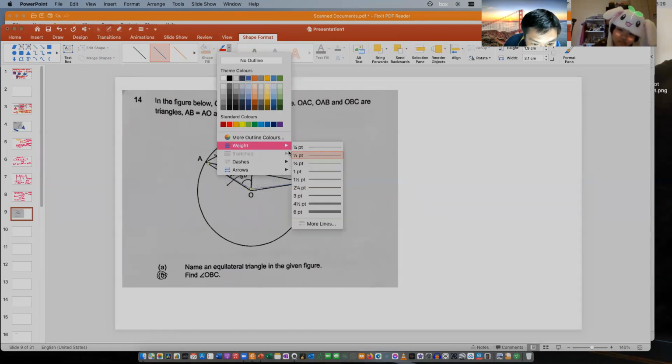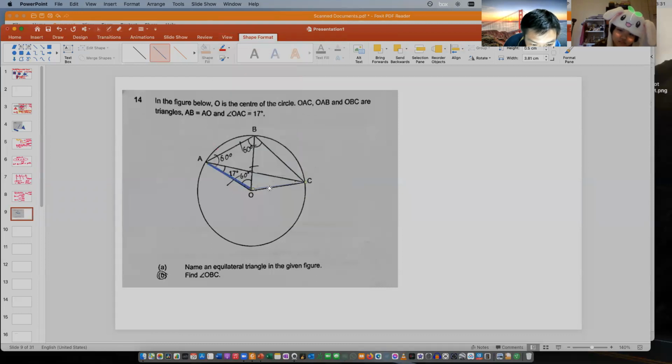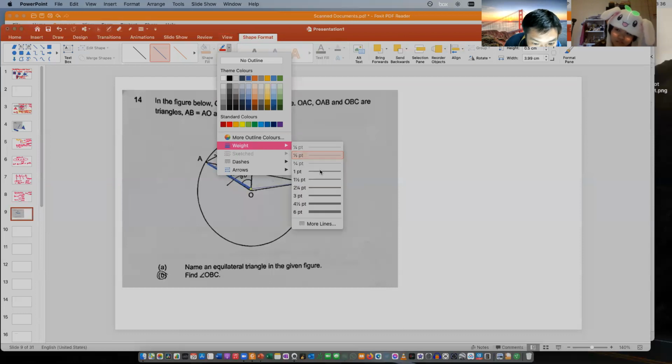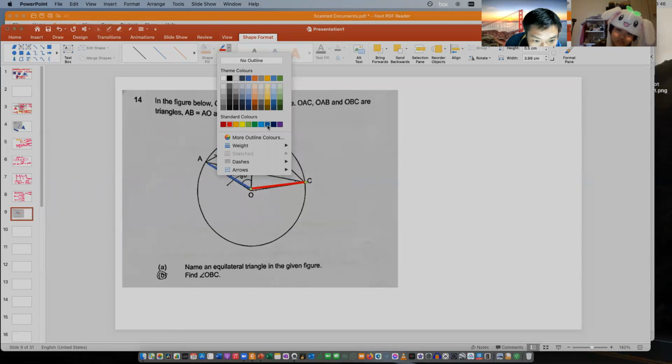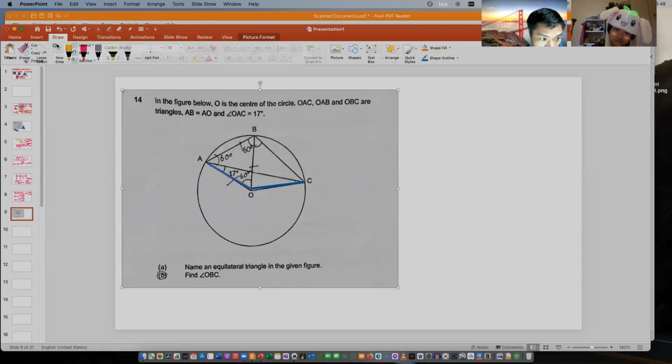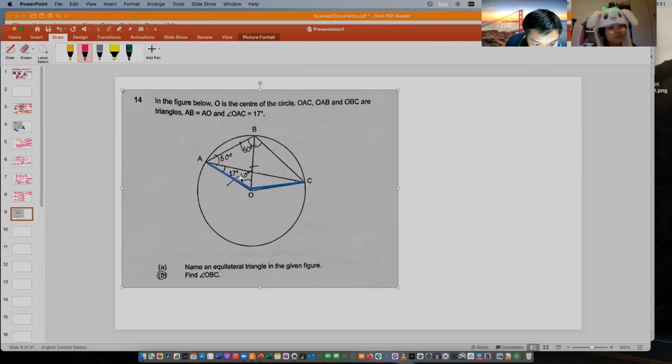Let me make it thicker. So when they are the radius, what it means is you have isosceles triangles. No, I'm supposed to use blue. Okay, so these are isosceles triangles. So in isosceles triangle OAC, this is 17.